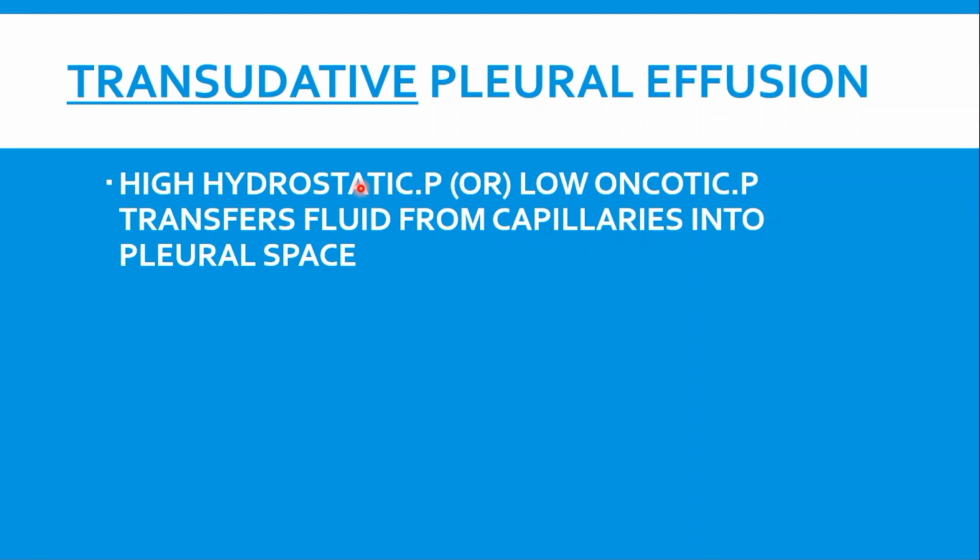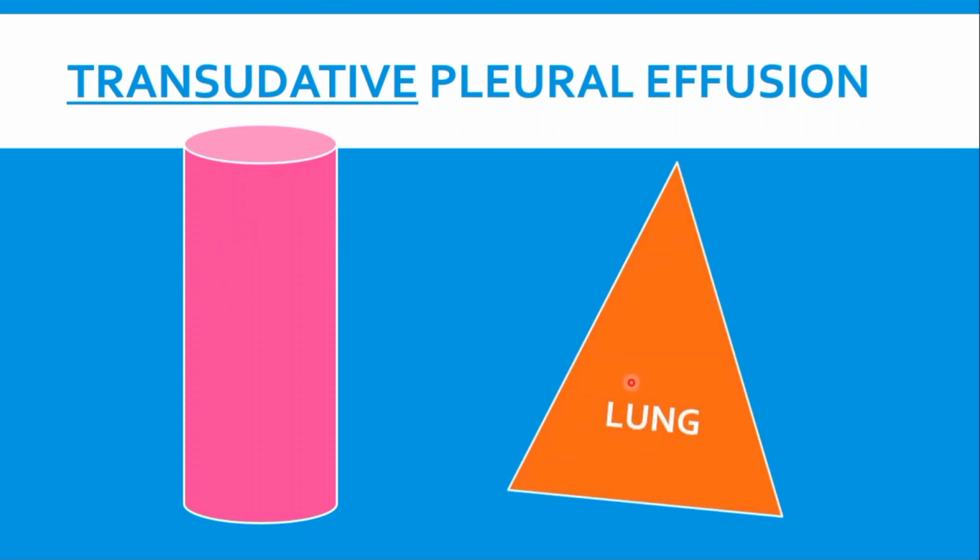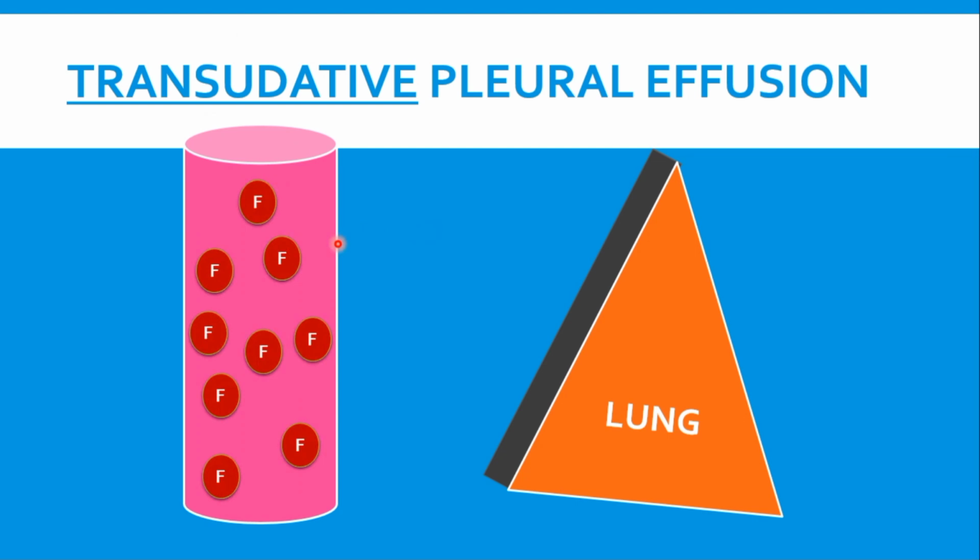Now let's see how it is happening. This is the capillary and this is a lung. Near the lung there is this pleural space. Normally blood is flowing in this capillary, so I'll mark it as fluid. With the fluid there is also protein.